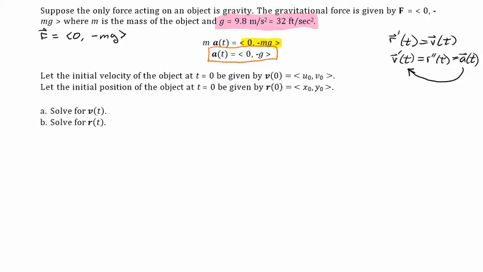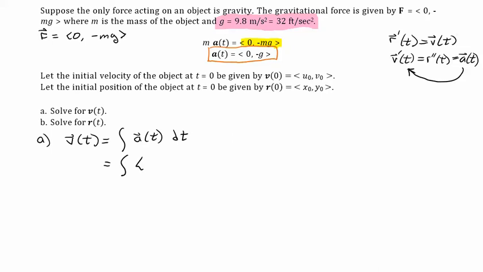We're going to do that antiderivative. So let's start there. A, solve for v of t. So the velocity vector is going to be the antiderivative of the acceleration vector, dt. All right, this looks like something we can do.